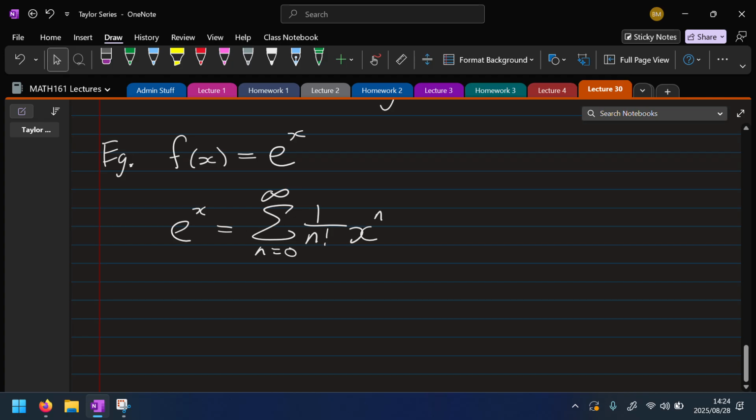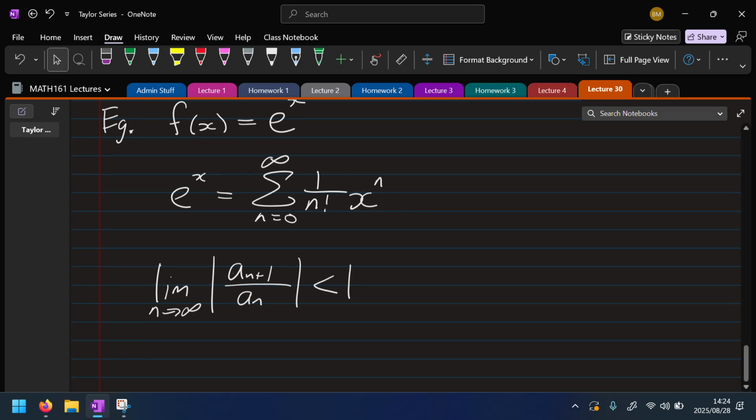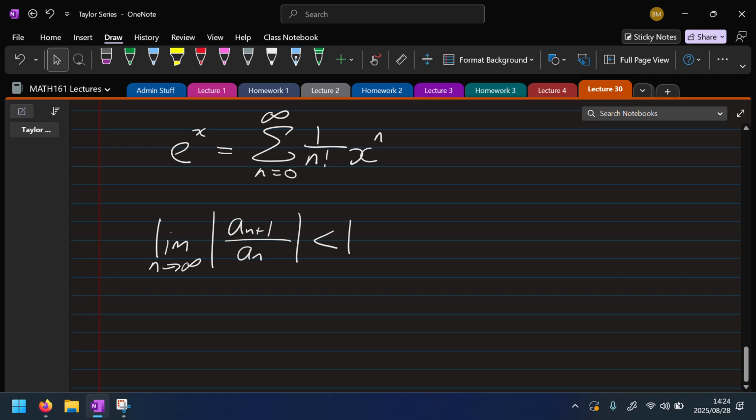Well, we set it up as the ratio test and have the limit value be less than 1. So we're going to have the limit as n goes to infinity of a_(n+1) over a_n. We want that to be less than 1. Then we just substitute from what's given there.